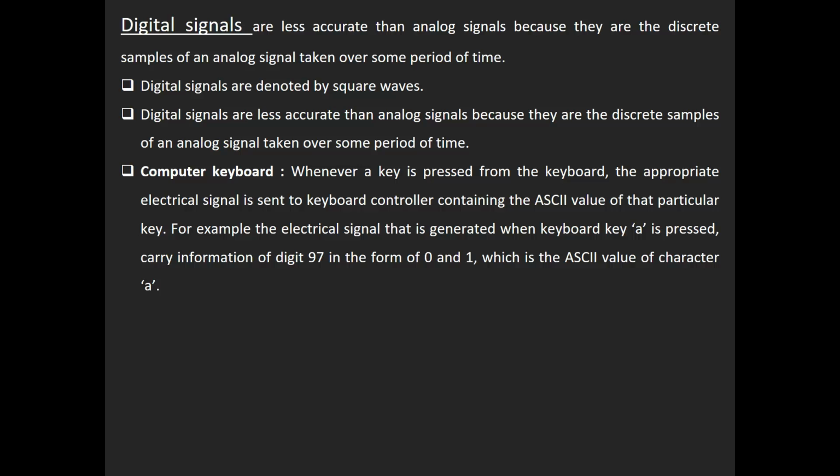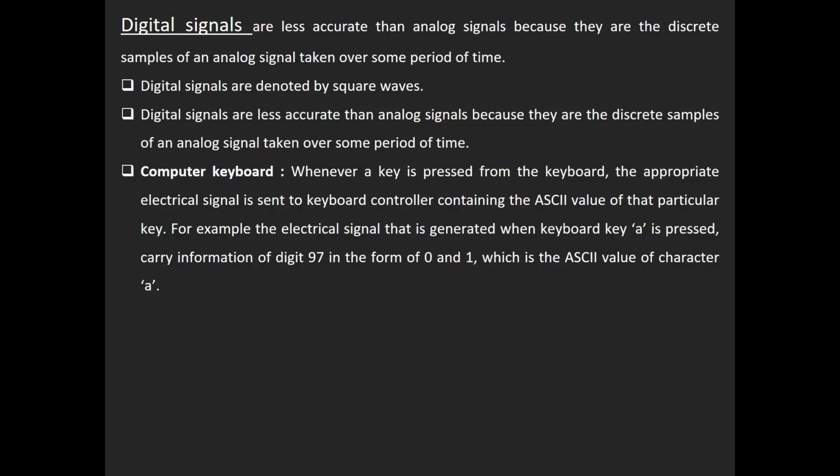Now digital signals are less accurate than analog signals because they are the discrete samples of analog signal taken over some period of time. So digital signals are denoted by a square wave if they are represented as a binary signal. Example, computer keyboard.